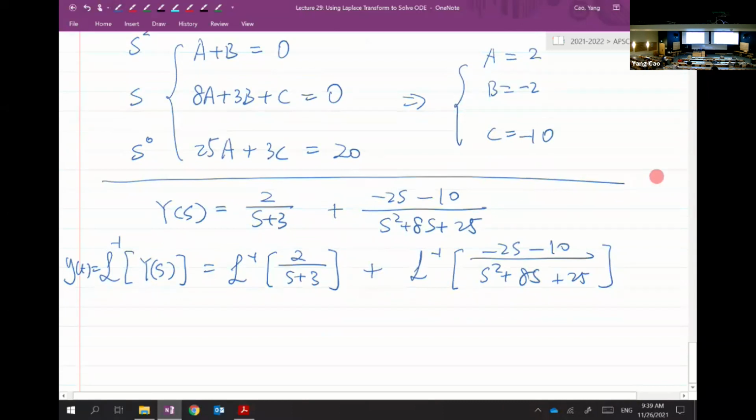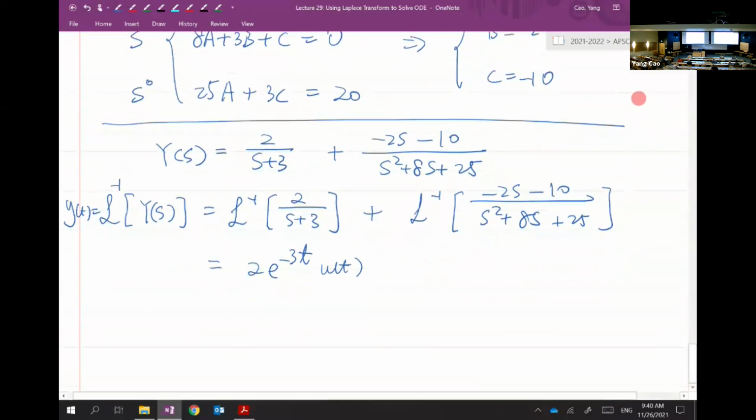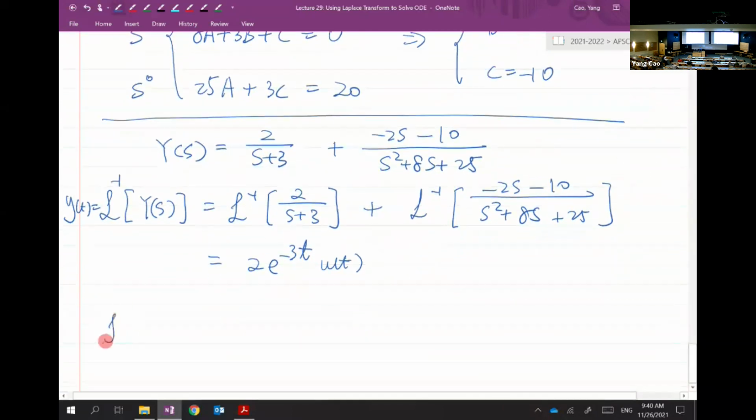The inverse of the first term is pretty simple: 2 times e to the power of -3t, multiplied by u of t. This is clearly given by the table. So the question basically is, what is the inverse of the second term?